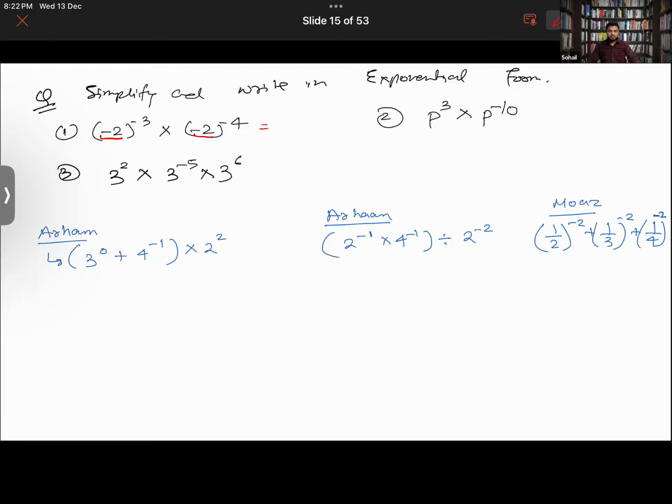You have to simplify the exponential. If nothing is written, it means you have to simplify here. Okay, sir. In the first one, you made this mistake: you missed the -2. So it would be -2 raised to the exponent -7.